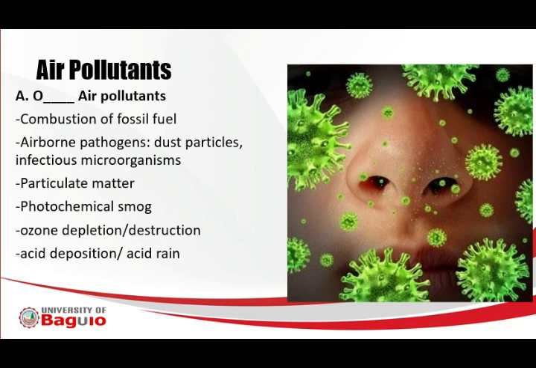For example, if for a month there is no precipitation and then suddenly it rains, we can expect a harmful effect from this acid rain, because of the high level of acidity and toxicity. Since it happens outside, it is considered a source of outdoor air pollutants.